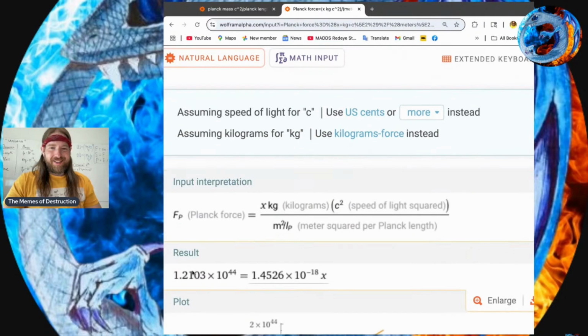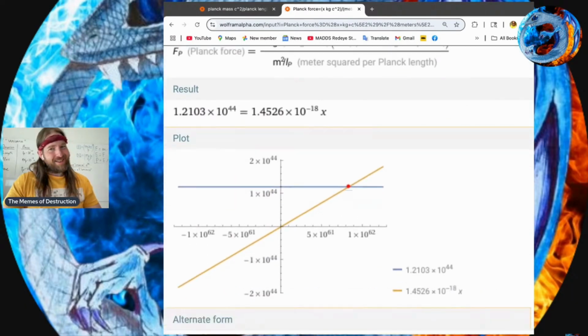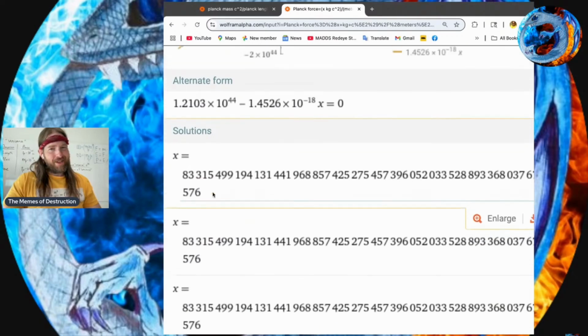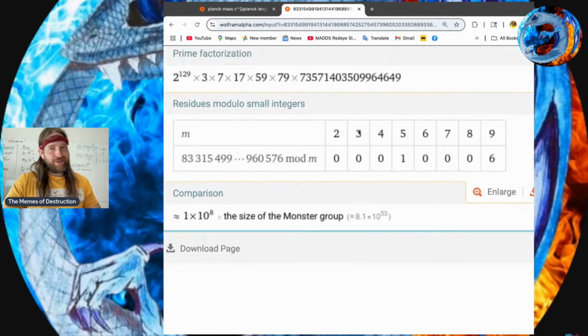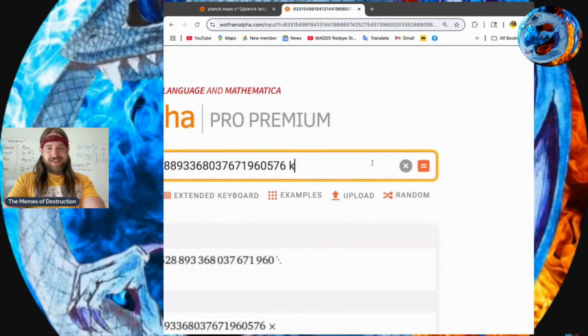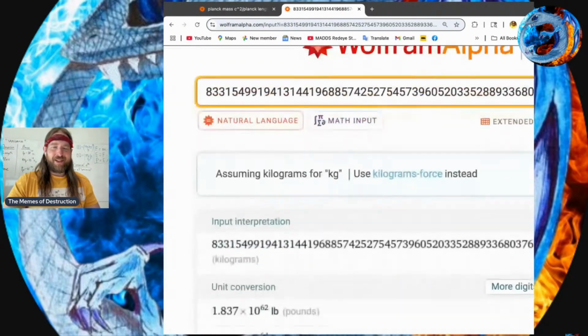Okay, so it's got all this stuff. So it's expressing the Planck force over there. It's giving us a conversion factor. Oh God, that's a giant number. Remember, we're solving for kilograms, so let's throw kilograms in there, so we can kind of get an estimate of the magnitude.